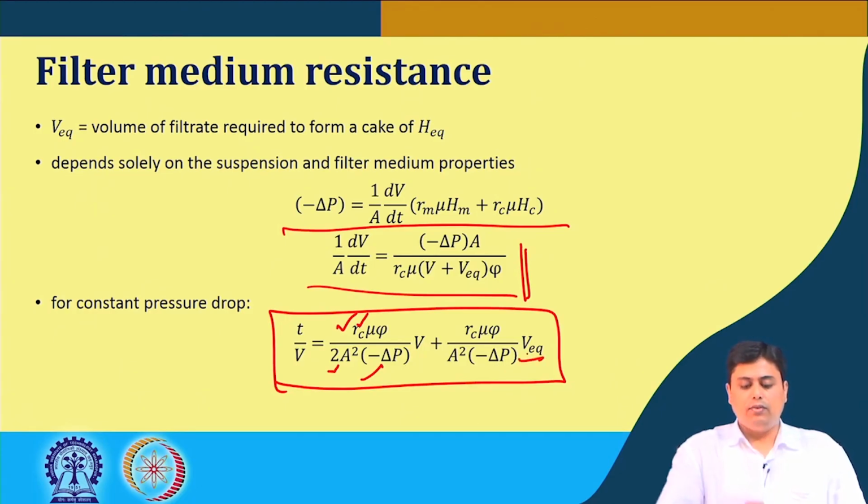Then we have the V equivalent, which is the volume of filtrate that must pass through to form a cake height of Heq, and V is the filtrate volume. So this is the relation that we derived and saw in the last class.